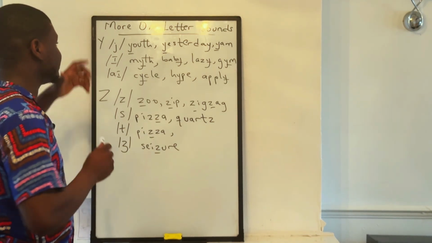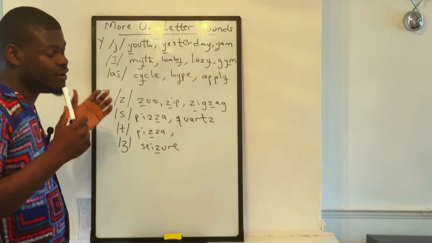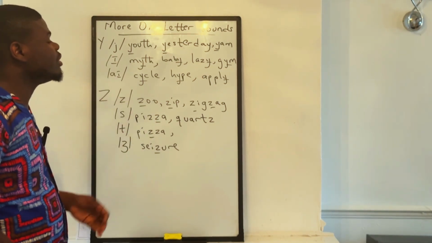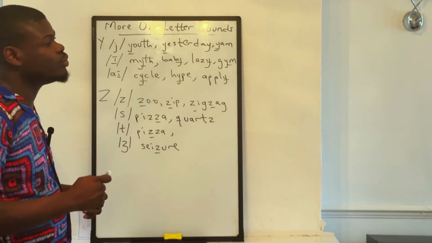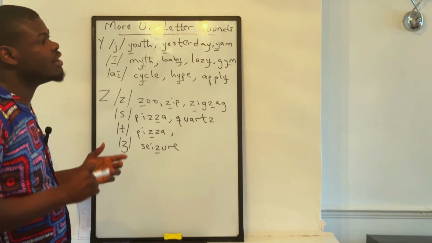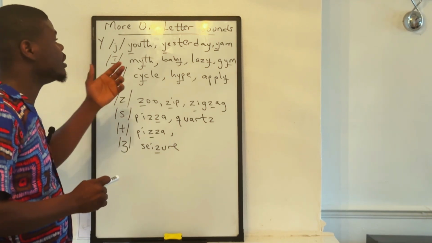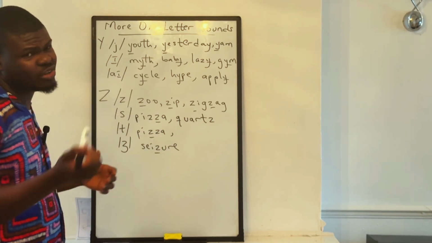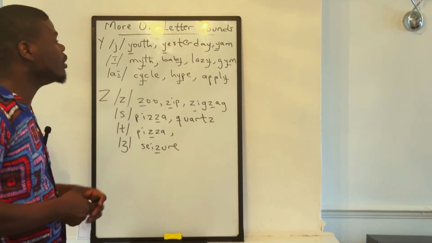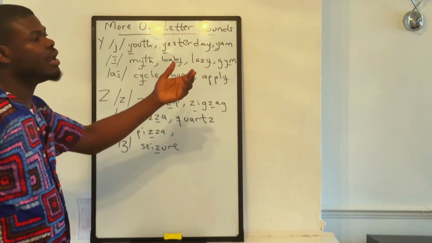So that's letter Y behaving like a vowel sound. It gives us the E sound in the word myth, in the word baby, in the word lazy, and in the word gym. Every time letter Y comes immediately after a consonant sound, it often gives us the E sound. Then it could also sometimes give us the different I sound, as in cycle, hype, apply.